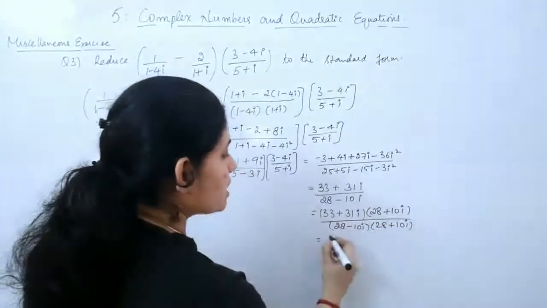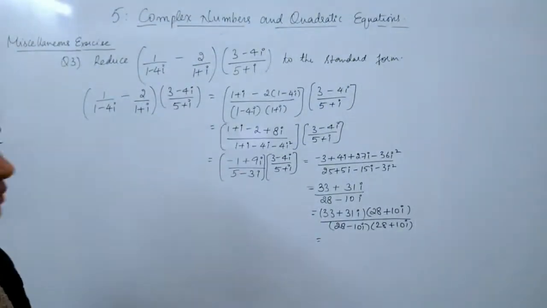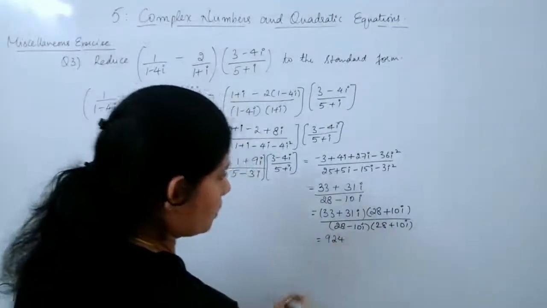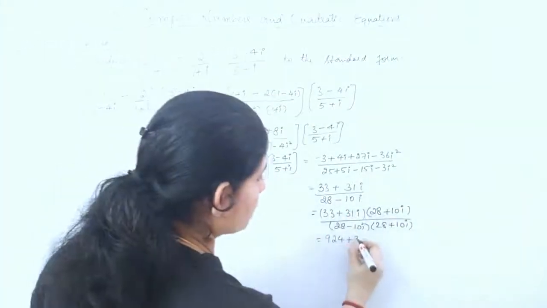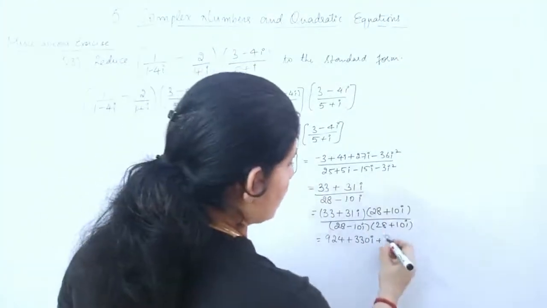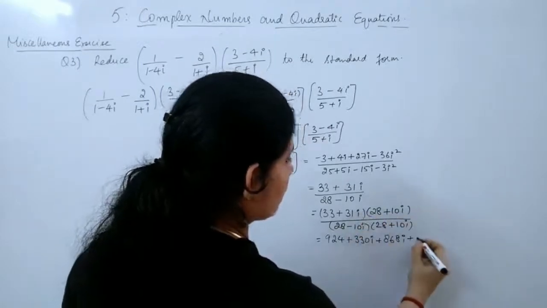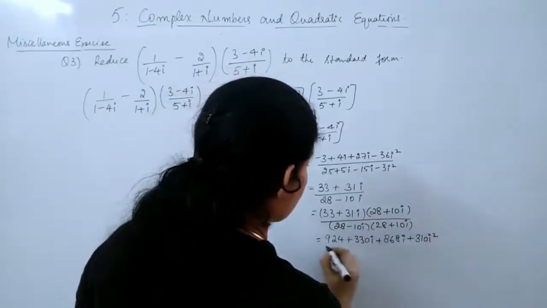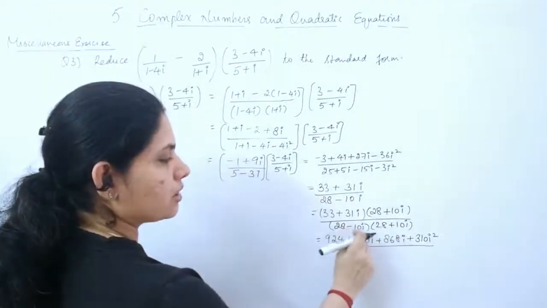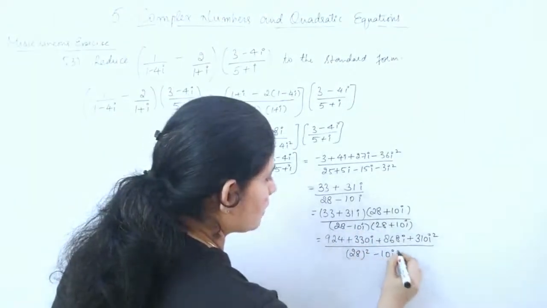Now the denominator reduces to, so before that we can multiply the numerator, which will give you 33 into 28 will give you 924 plus 33 into 10 will give you 330i plus 31 into 28 will give you 868i plus 31 into 10 will give you 310i square divided by, again this is a minus b into a plus b, so you'll get a square minus b square, that is 28 square minus 10i the whole square.